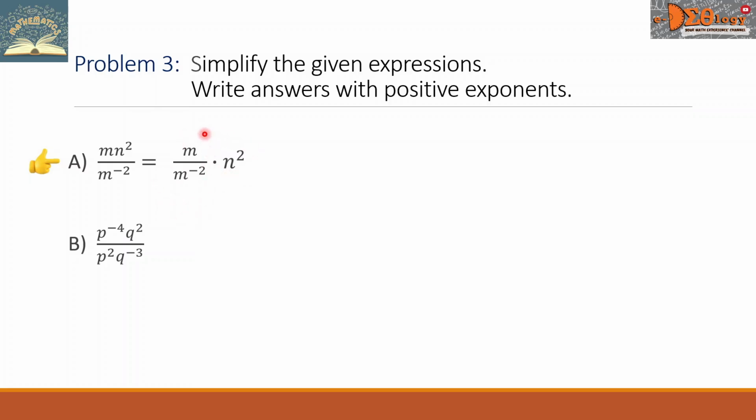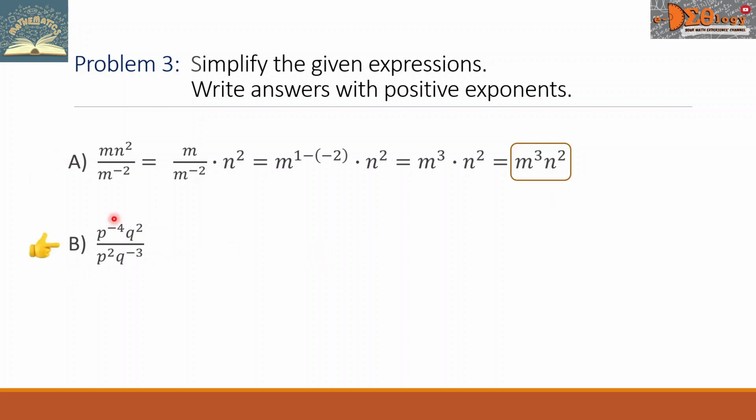For this fraction, we're going to solve by dividing exponents with the same base. So that is m raised to 1 minus this negative 2 power times the n squared. 1 minus the negative 2 means 1 plus 2. So that will be m cubed times the n squared. Simply we put together m cubed n squared. This is now the final answer.